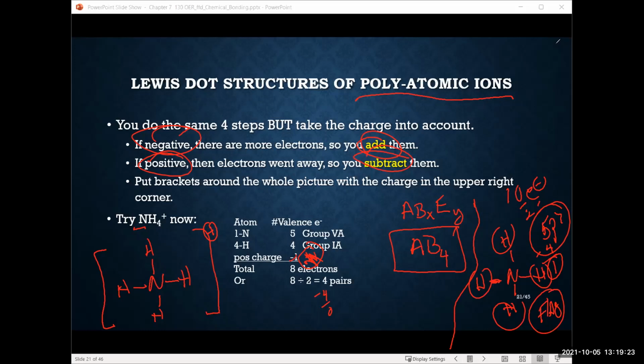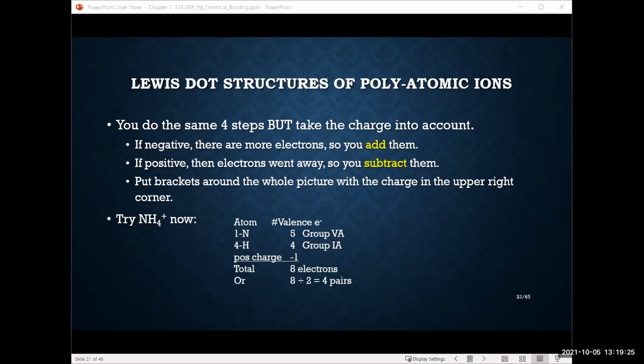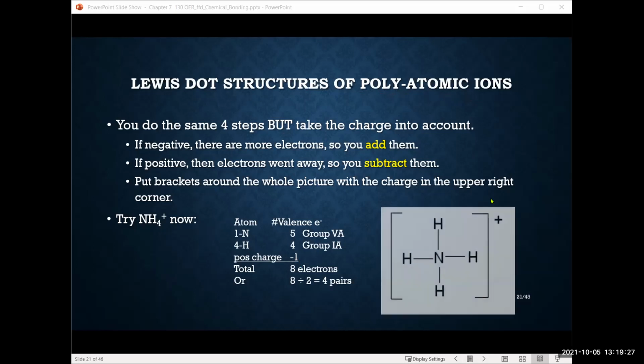All right, so that's the structure, and that's what you write, and that is the polyatomic ion of the ammonia. Okay, with this structure, which is geometry, which we said was AB4.